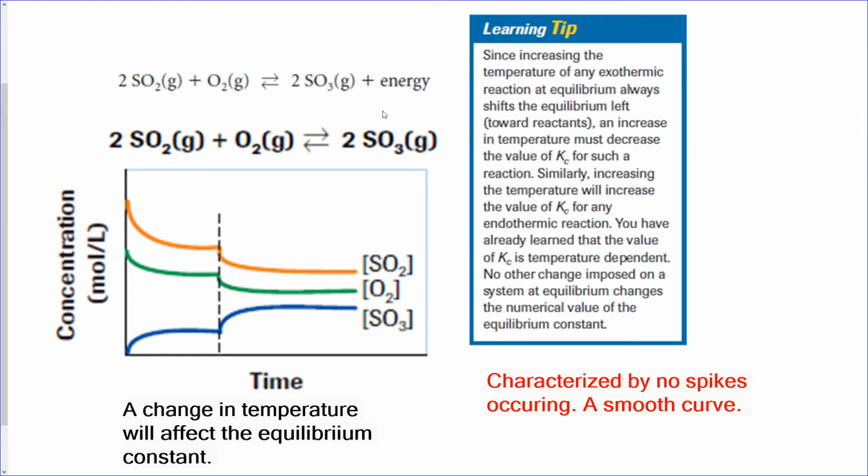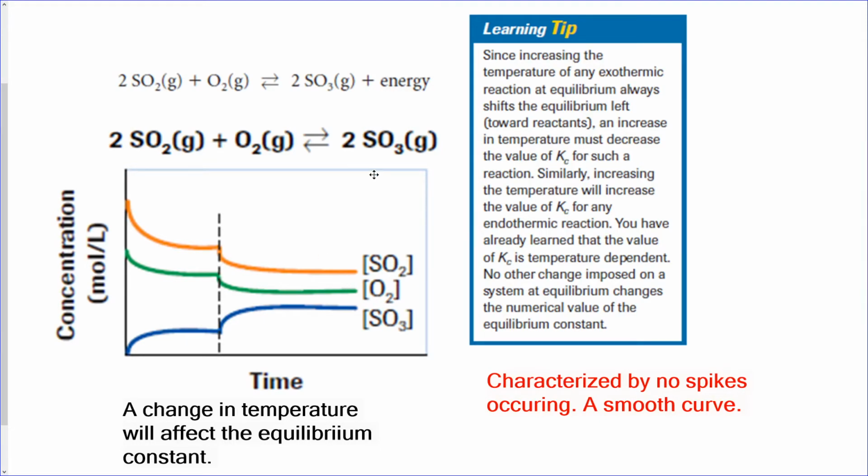If I decrease the energy in an exothermic reaction, I'm going to increase the concentration of my products and decrease the concentration of my reactants, like we see here. So if we've decreased the temperature here, the SO3 increases in concentration, the O2 decreases in concentration, and the SO2 decreases in concentration.